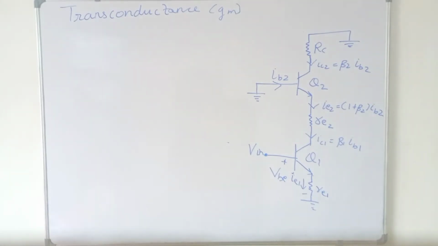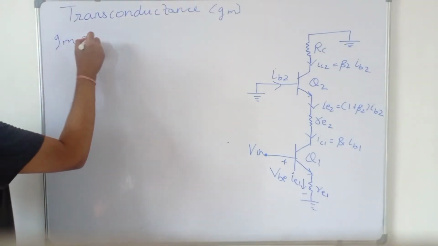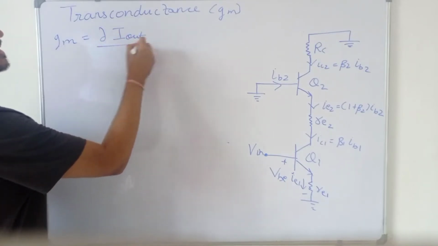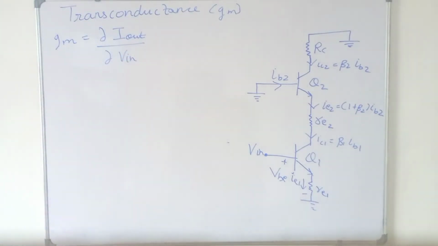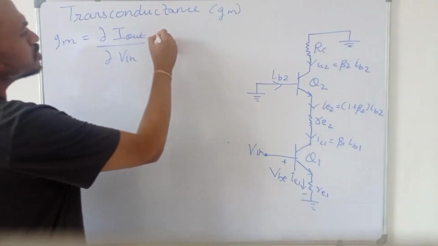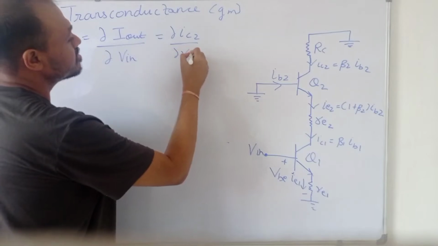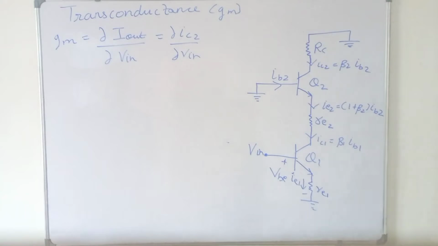Okay, so GM is equal to delta I out upon delta V in. So I out is obviously IC2, so delta IC2 upon delta V in, because output current for this cascode amplifier is IC2. This is the transconductance for the cascode amplifier.